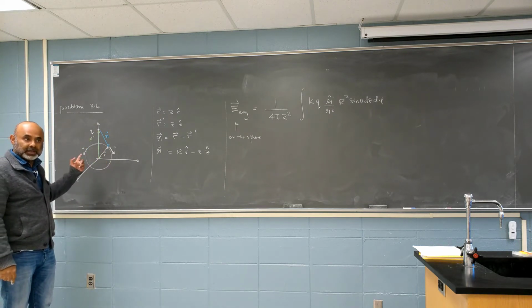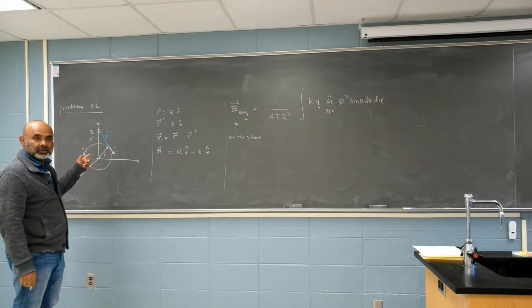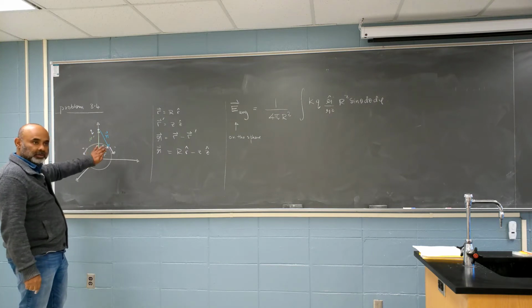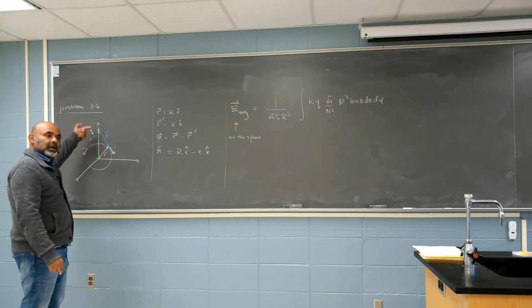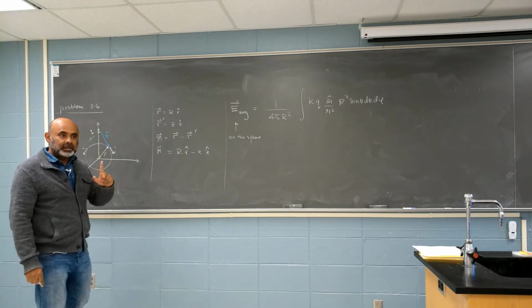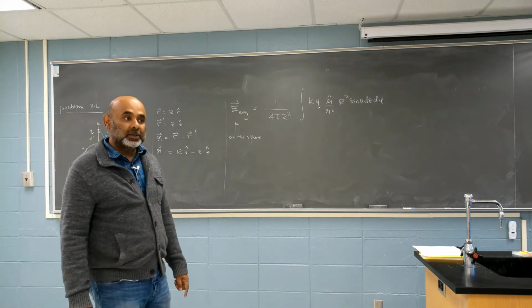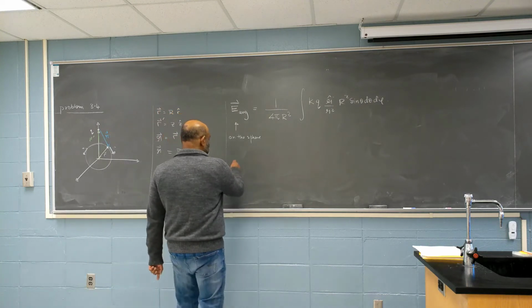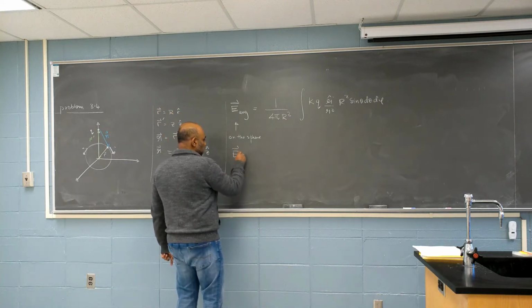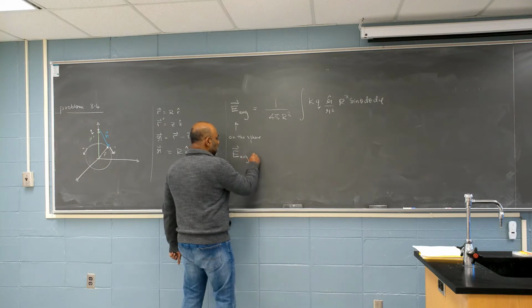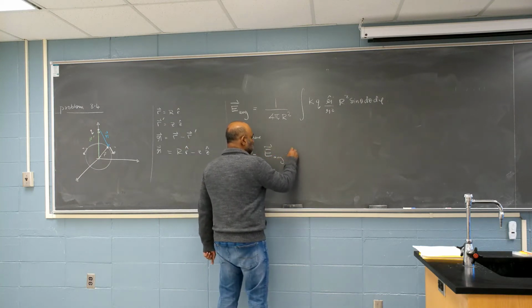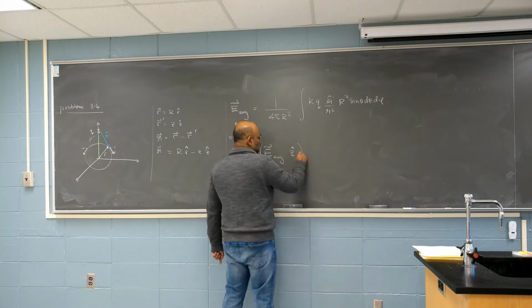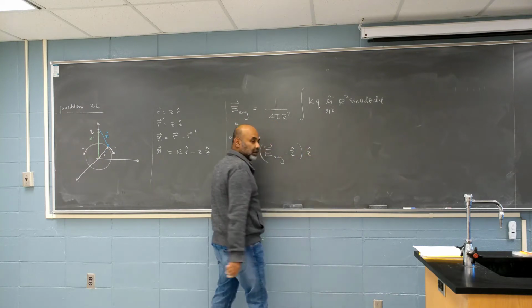The x components cancel and the y components cancel too. Because if you come to this part, if there's a y component, there's the thing on the other side. So the only thing that survives is the z component. So the conclusion is E average is really equal to E average dot z hat in the z hat direction.